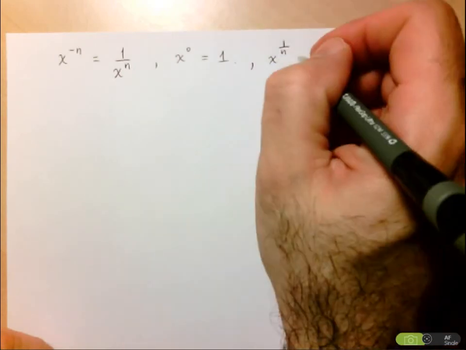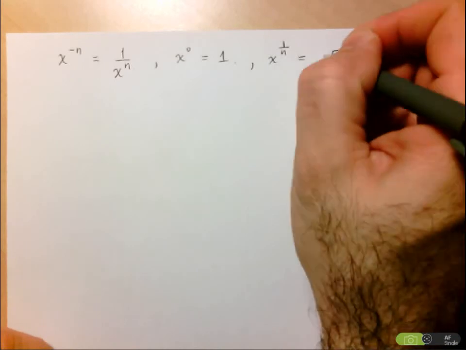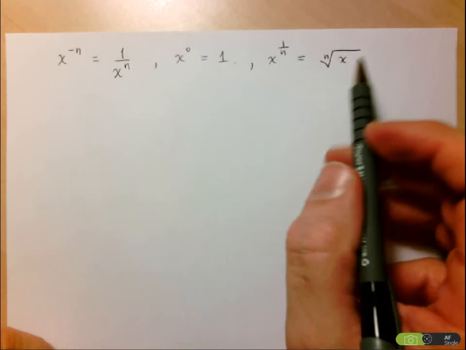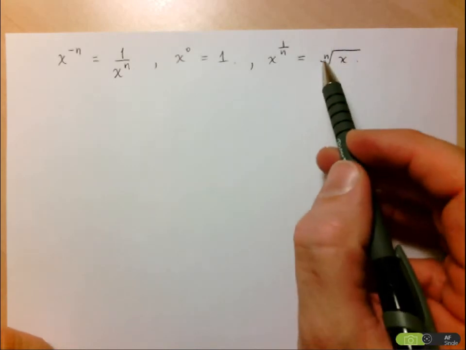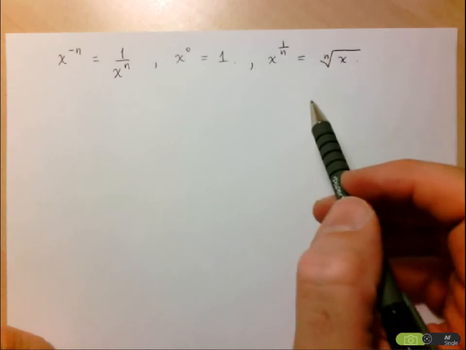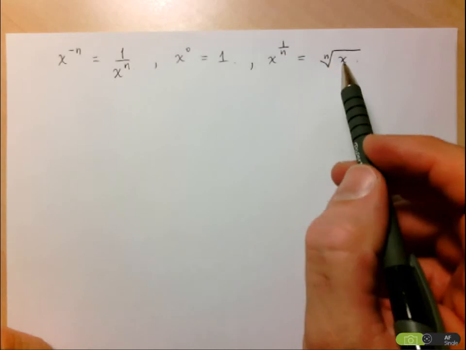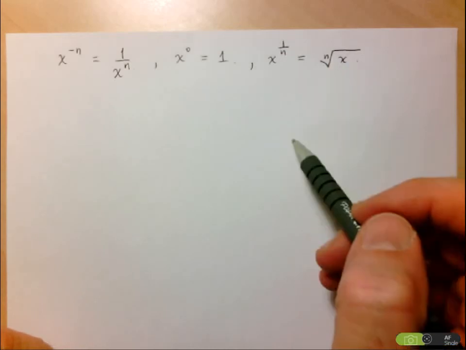We saw that x to the 1 over n was equivalent to the nth root of the base x. In other words, this represents what number multiplied by itself n times gives you x. The most common ones are square root or cube root, but you can have fourth, fifth, sixth, any root of a number.